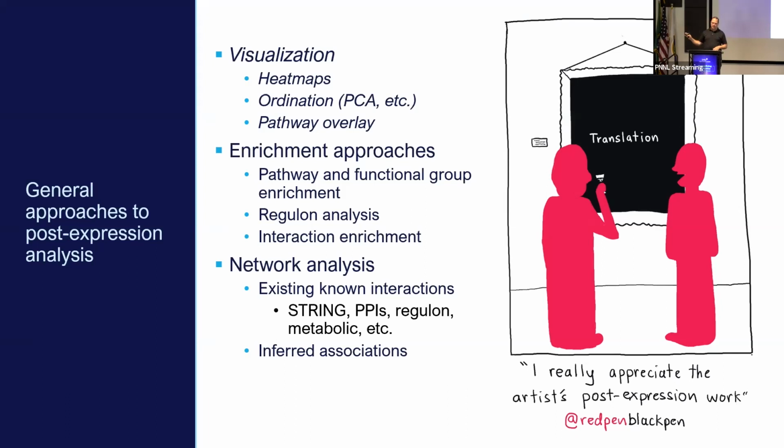And I'll talk in a minute about what we mean by pathways. But the idea there is that if you are looking in your big pile of genes that are differentially expressed, and you can see that there are certain pathways that are overrepresented, then that's a good indication that whatever that pathway is doing, the function is being carried out at that time, right? So transcriptomics is a way to get at those questions.